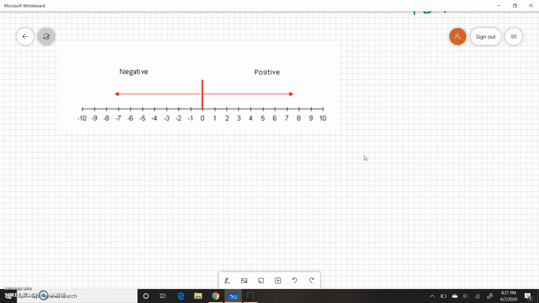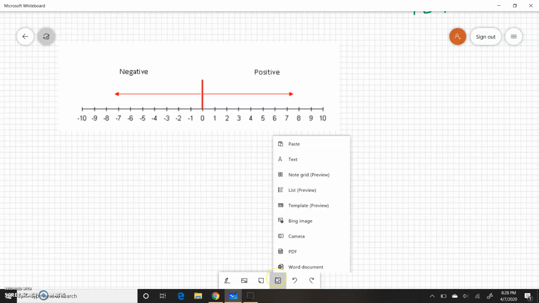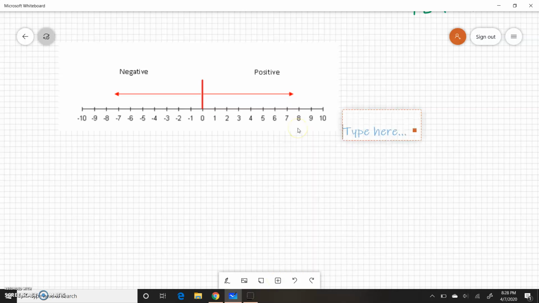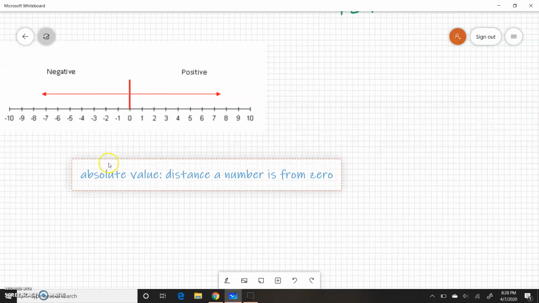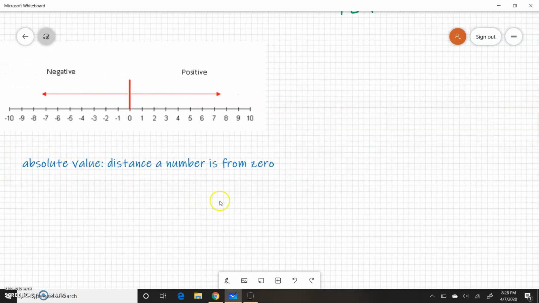They look exactly the same, as you can see. So absolute value is just the distance a number is from 0. I'll put that over here: the distance a number is from 0.